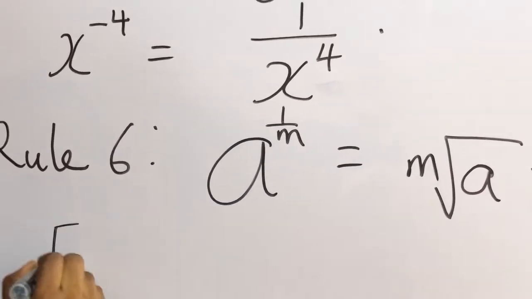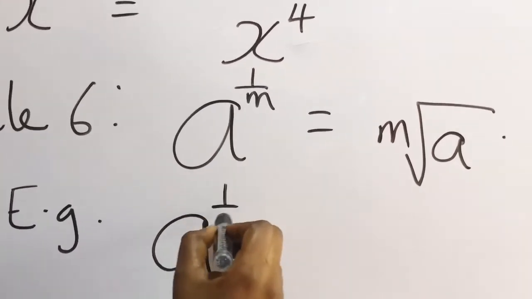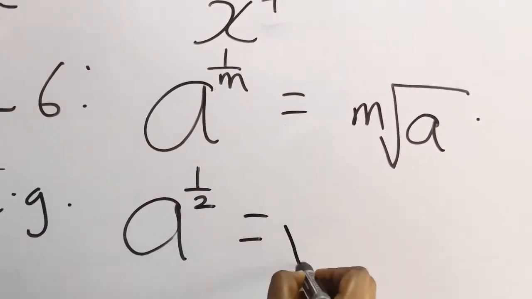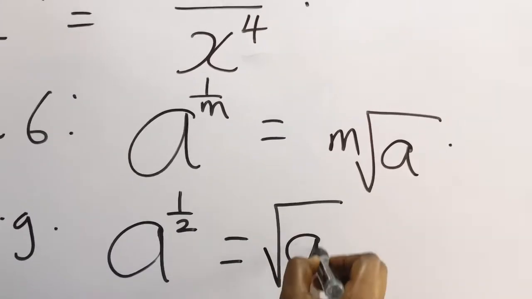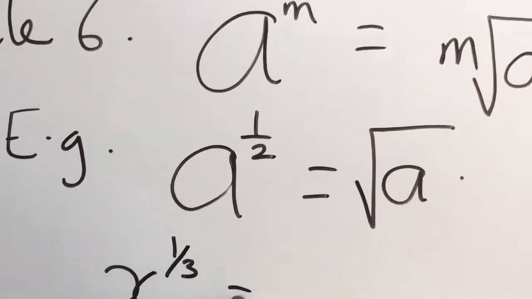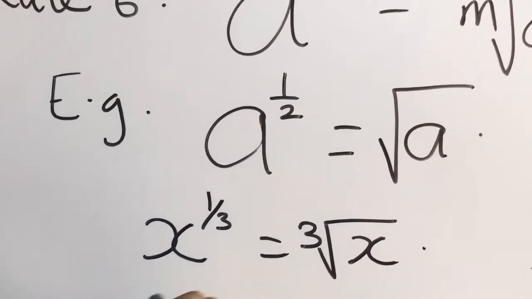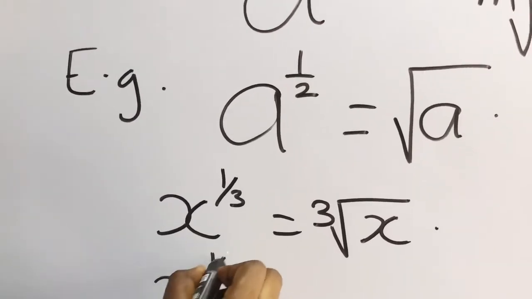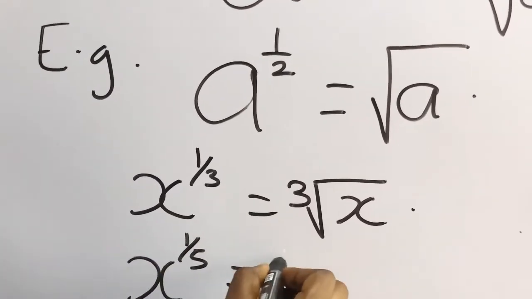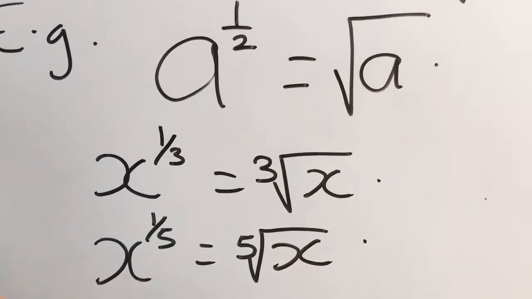For example, a raised to the power of 1 over 2 is the same thing as square root of a. x raised to the power of 1 over 3 will be equal to cube root of x. And x raised to the power of 1 over 5 will be equal to the fifth root of x. So that is how to do that one.